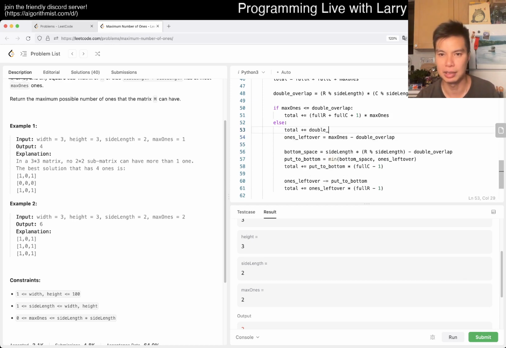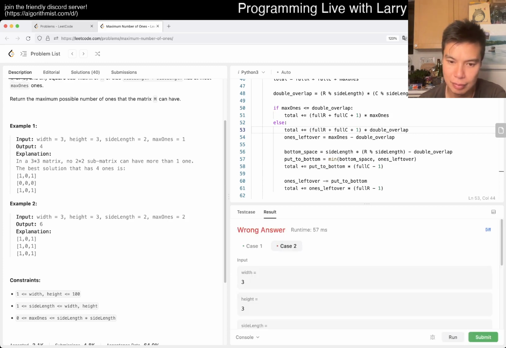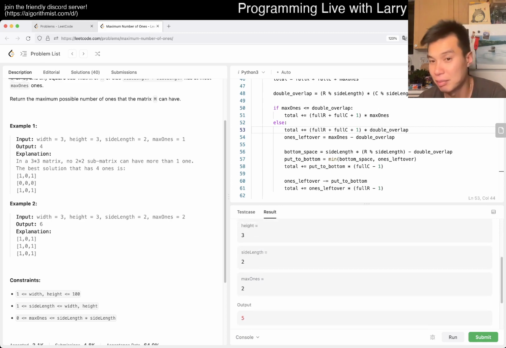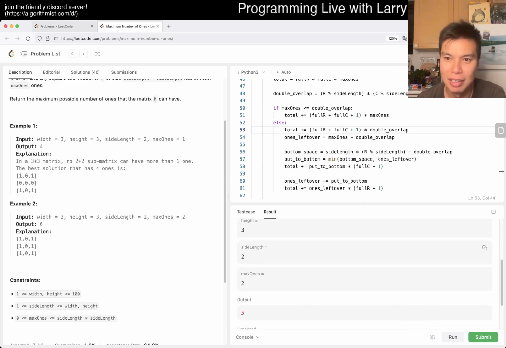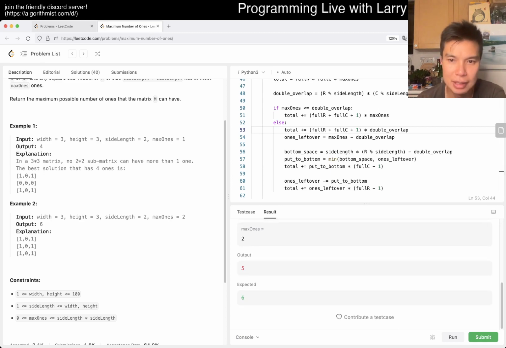So then now we have the double overlap, right? And you have to do this thing. Okay, it's still wrong, but maybe it's a little bit closer. So the double overlap in this case is going to be 1 for the corner. Fair enough. You have full R, full C. So that gives us 1, 2, 3, 4, 5.